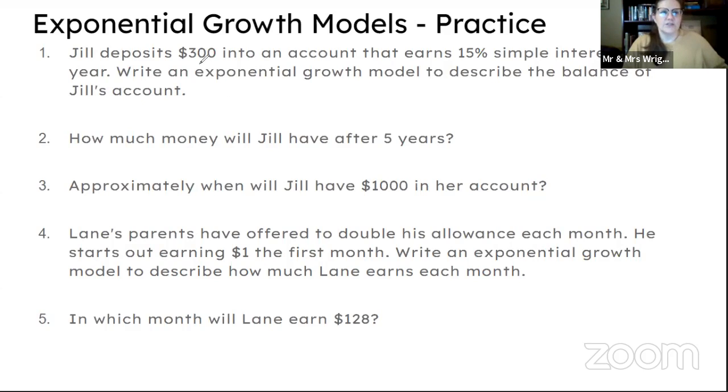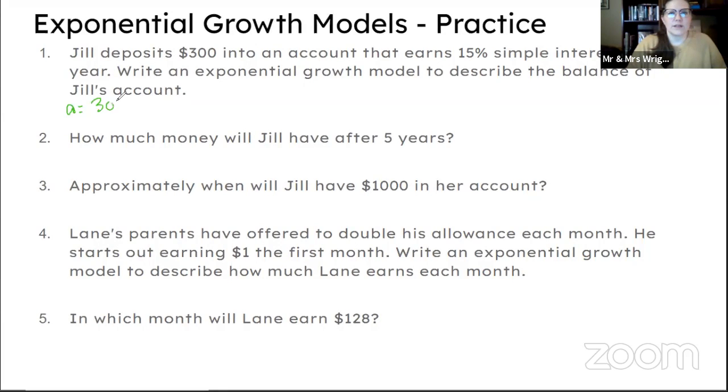Welcome back. Jill deposits $300 into an account that earns 15%. So I know that A is going to be 300. R is going to be, well, I know that 15% is going to be added to the 300, so it's 1.15.